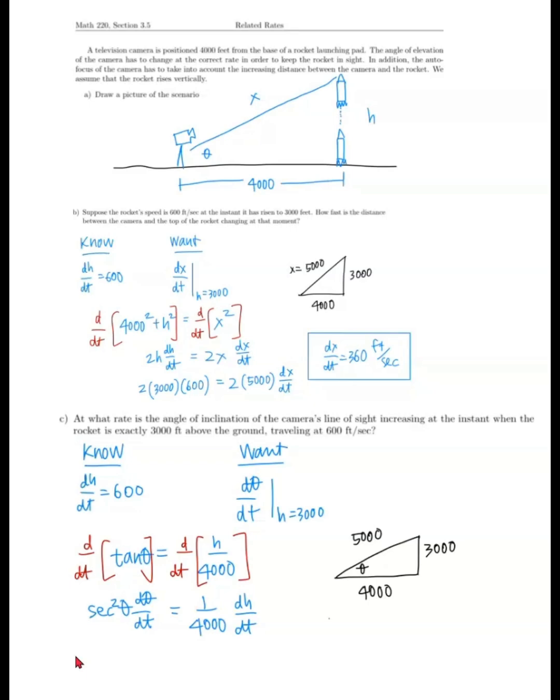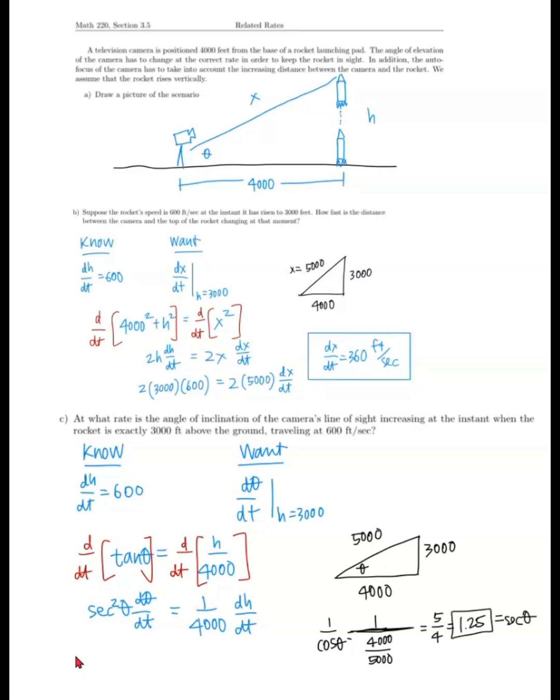Secant is just 1 over cosine theta. This would be 1 over, let's see, cosine is adjacent over hypotenuse. So that's 4,000 over 5,000. If you have 1 divided by 4,000 over 5,000, this is just 5,000 over 4,000, or 5/4, or 1.25. Okay, that is secant theta, or 1 over cosine of theta.